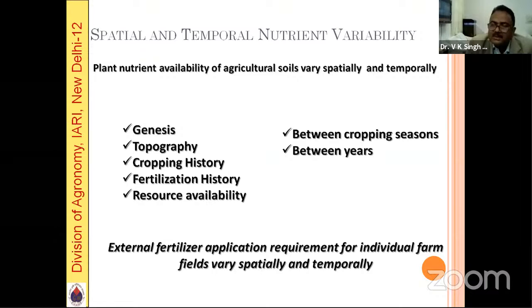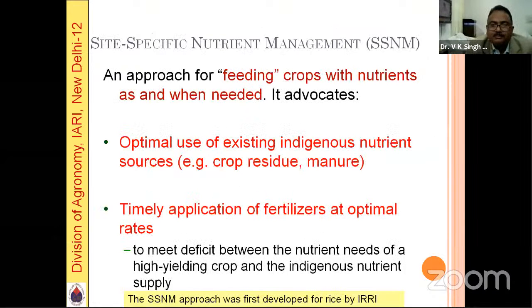So within the cropping season these gaps occur, and within the year also, because how much rainfall we receive in a year also governs the whole pattern of nutrient availability. So these are the factors we deal with in precision nutrient prescription. Now I'm coming to another term, that is site specific nutrient management.